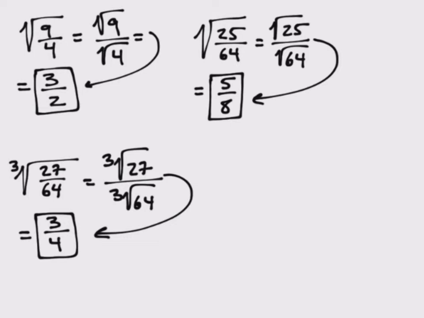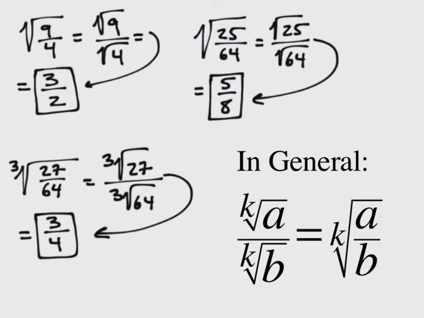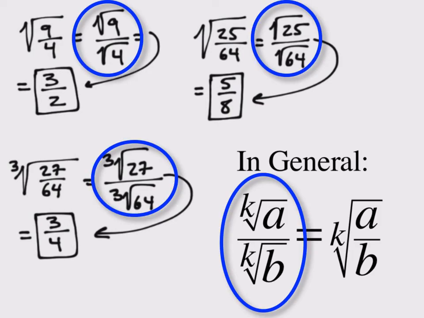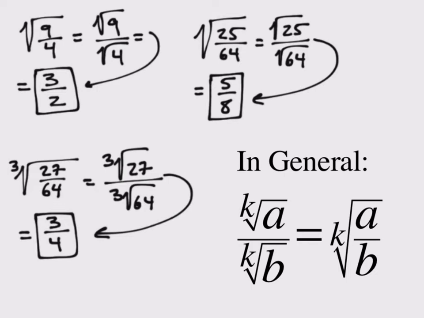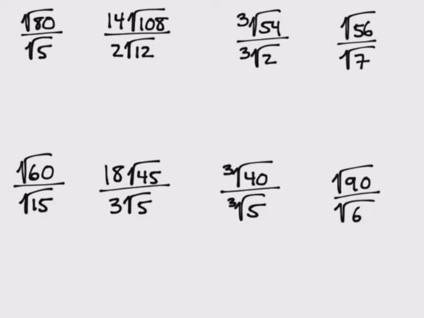And so we see that, like when taking roots and multiplying, when we're taking roots and dividing, the order doesn't matter. You can take the root of the numerator and denominator individually and then do the division, or you can do the division and when you find the quotient, take the root of that, whether it's a square root or a cube root or what have you. And in general, this is going to be the case.